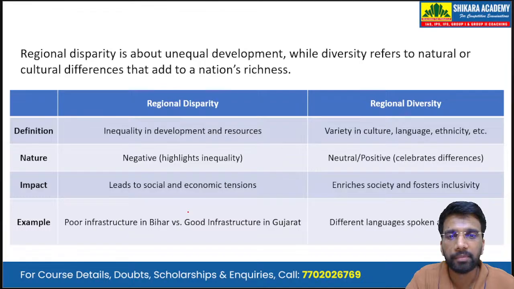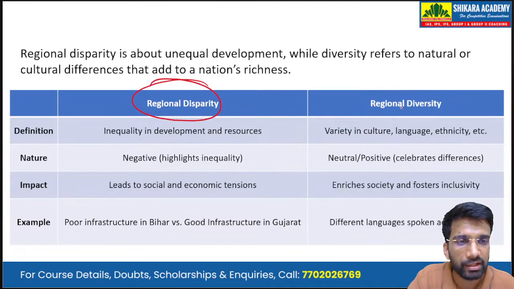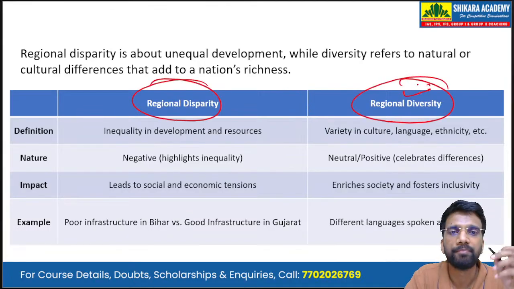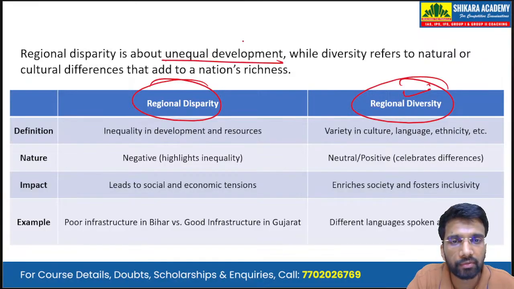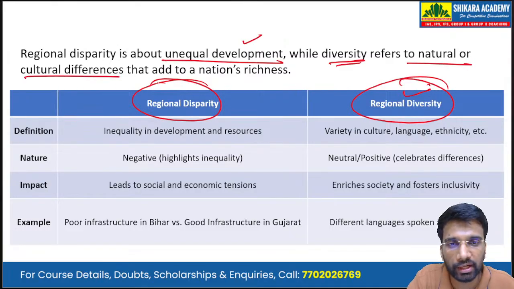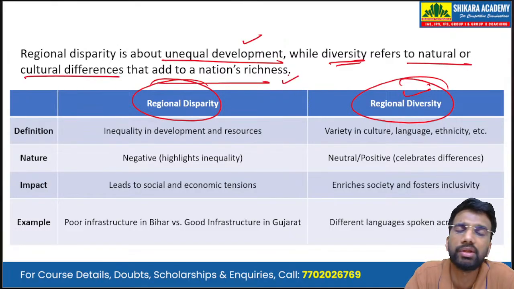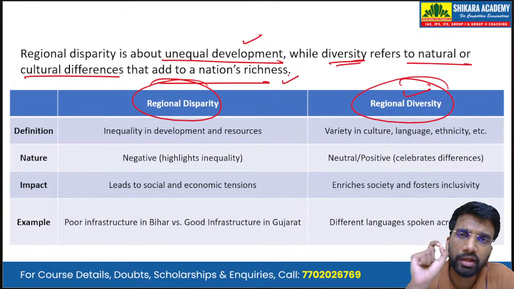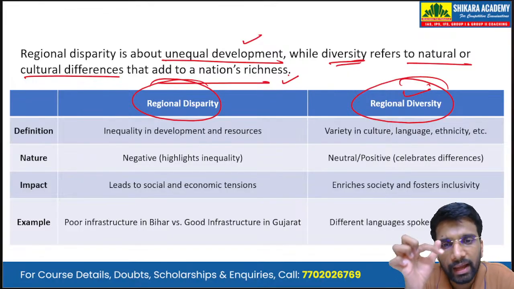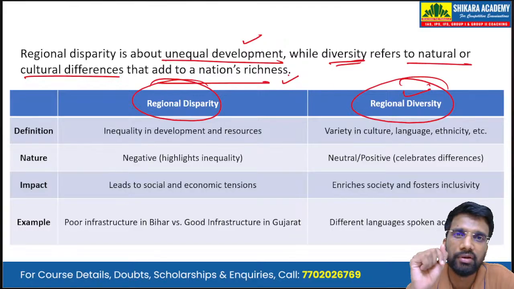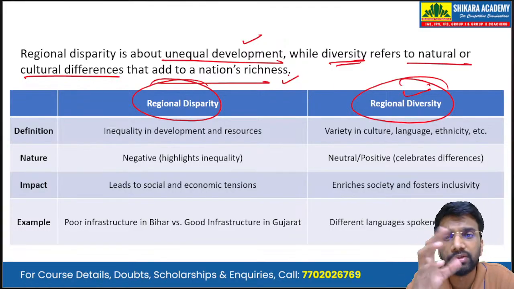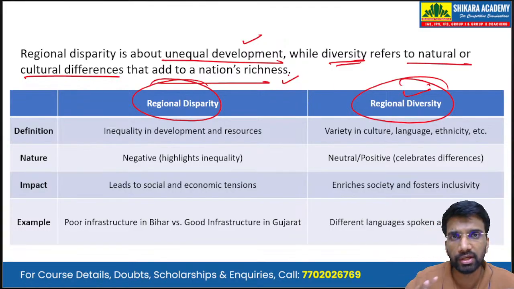Then we have to differentiate between regional disparity and regional diversity. Regional disparity is all about unequal development, while diversity refers to the natural or cultural differences that add to the nation's richness. So in a way, regional disparity is negative in nature, while regional diversity has positive aspects to it.